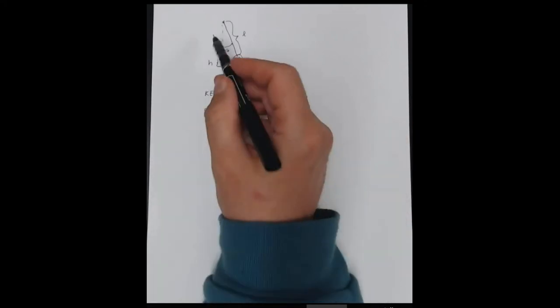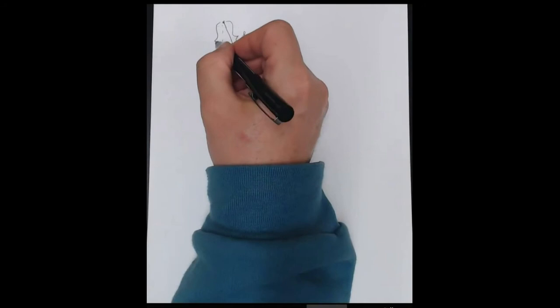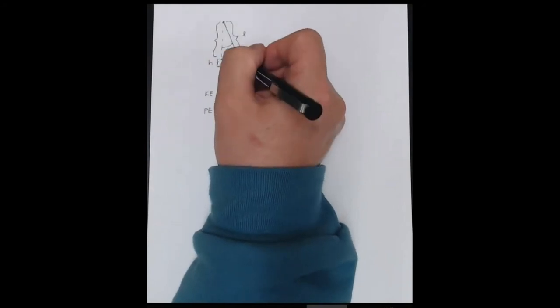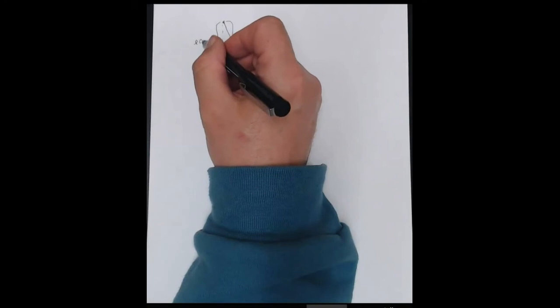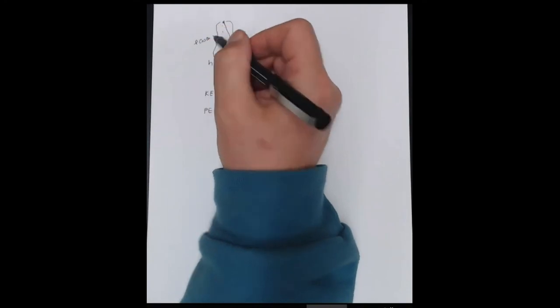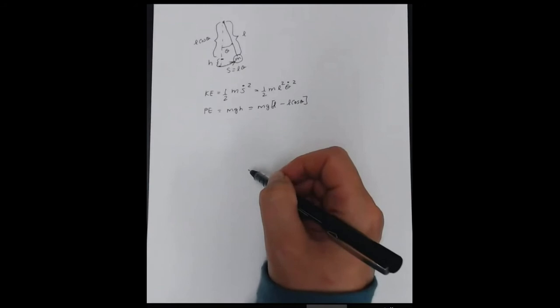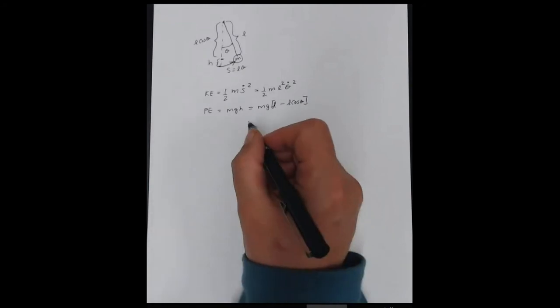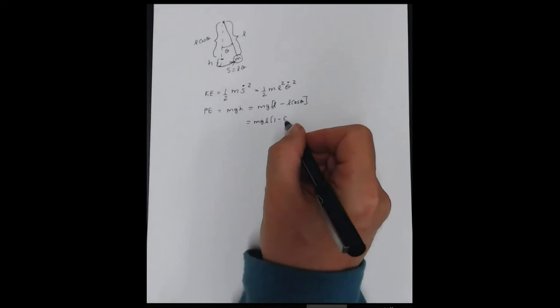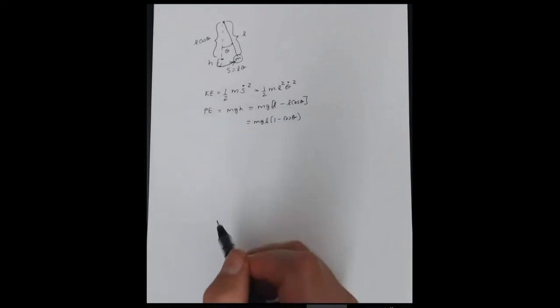That's that height, because right there goes straight across, that's L cosine theta. All the way down is L minus L cosine theta is little h. So mgL 1 minus cosine theta.